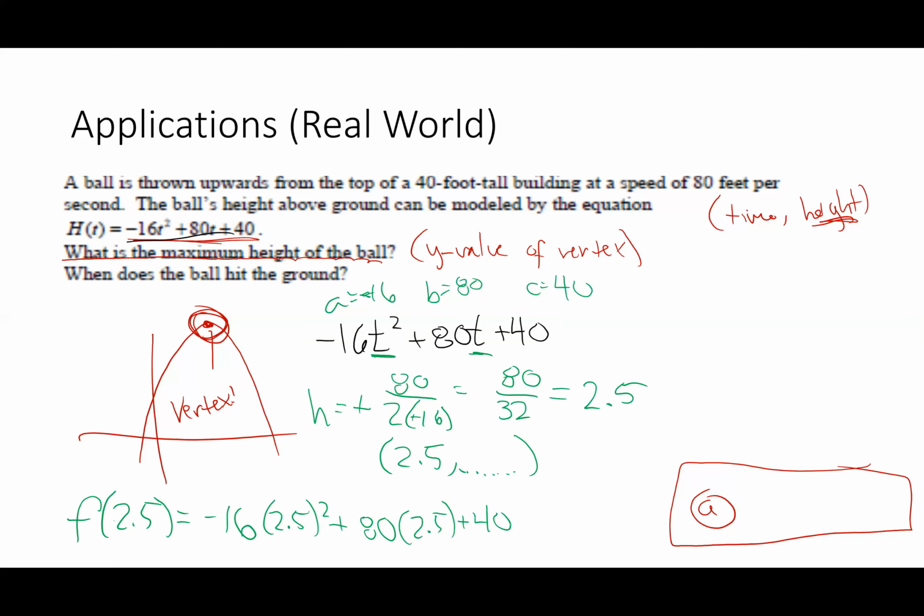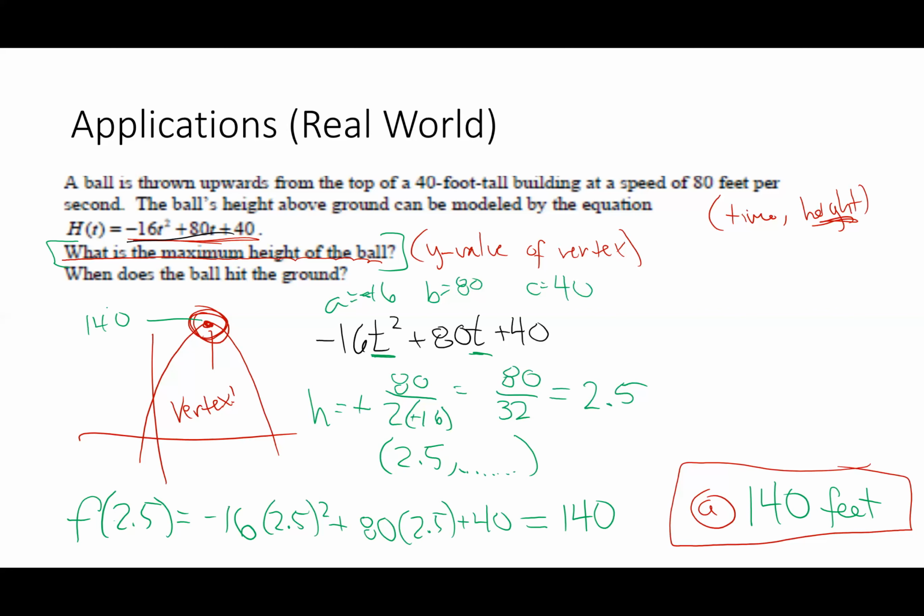And I'll leave this to you all to work out on your own, but the number you should come out with is 140. Now keep in mind, we're asking what's the maximum height of the ball. So what that means is our answer should be 140 feet. So the highest that this ball goes up in the air is 140 feet high.